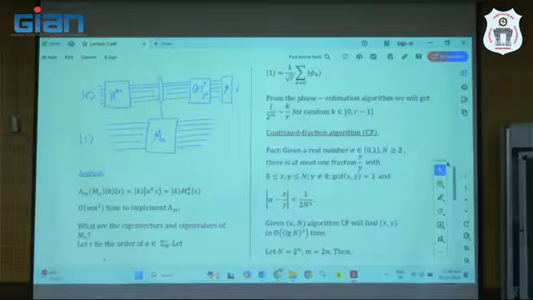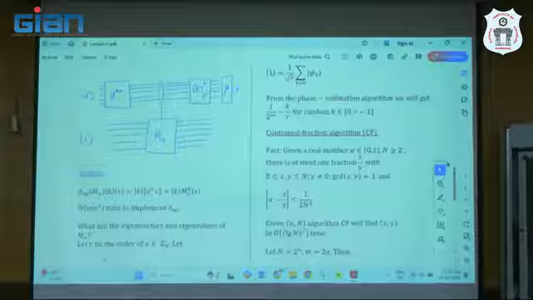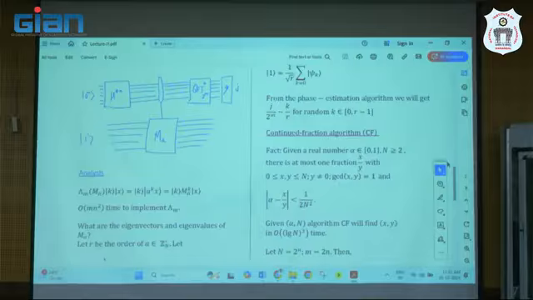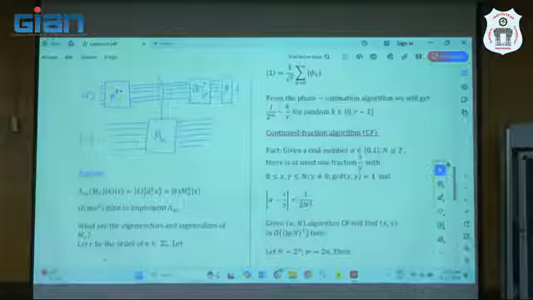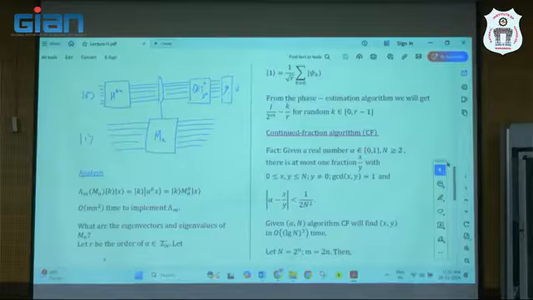And the precision is what? Precision is like 1 over n square, and the time is log n cubed. So exponential precision you can get. Correct? Yes? This is the continued fraction algorithm. Any question about it?